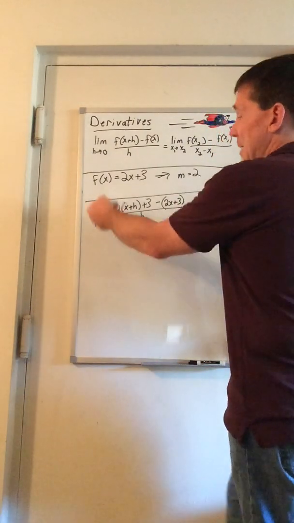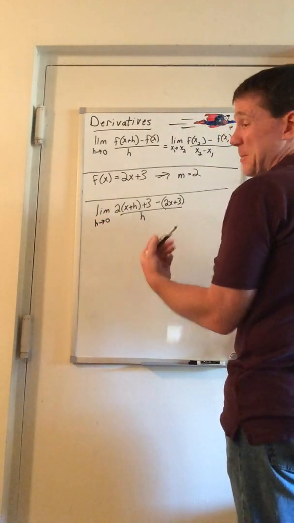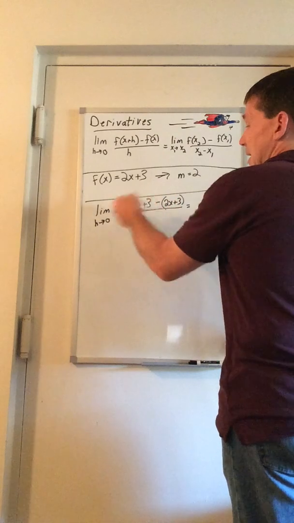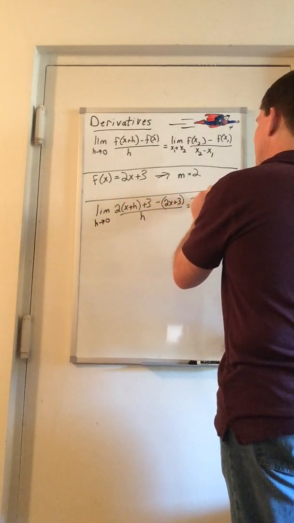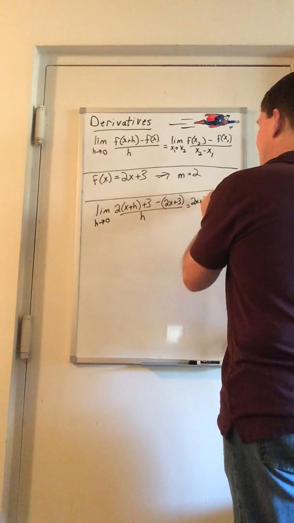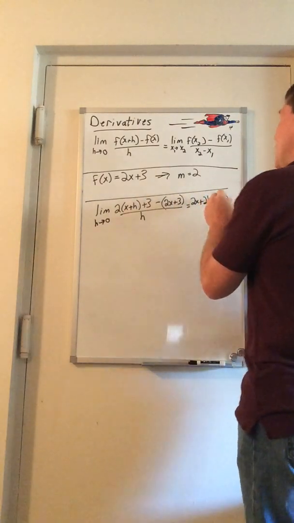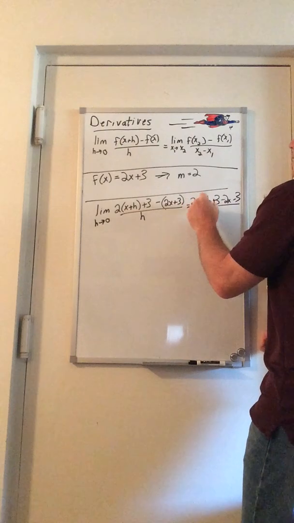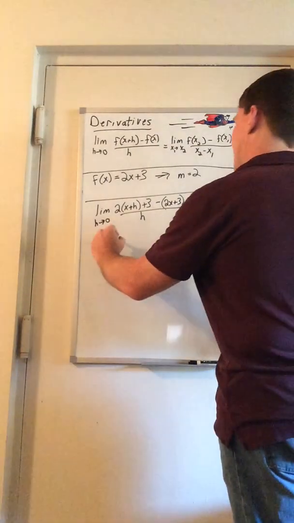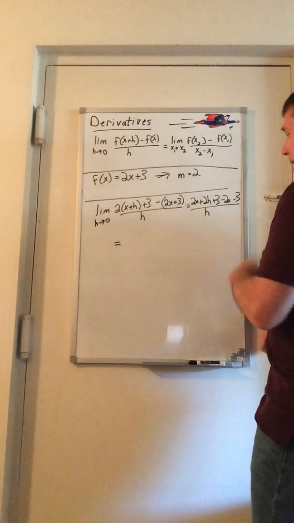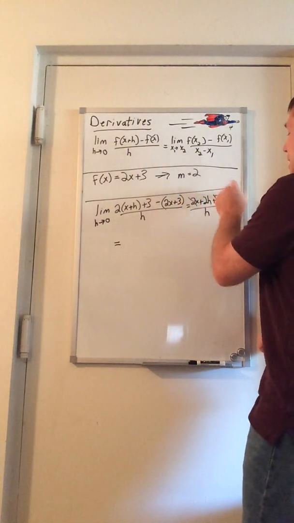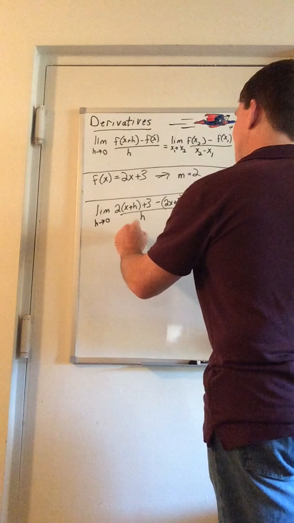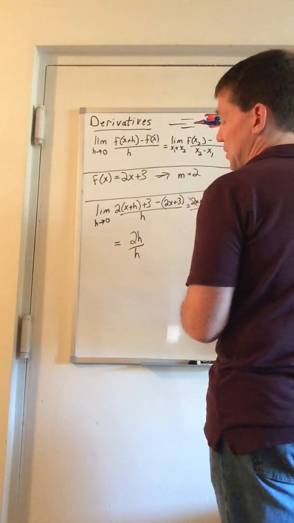Solve that out. And I'm actually going to drop my limit stuff just to save space until we take the limit at the end. So here, if I distribute, I get 2x plus 2h plus 3, distribute by negative, minus 2x minus 3, all over h. Now, cancel like terms, 2x minus 2x, 3 minus 3, and I'm left with 2h over h.